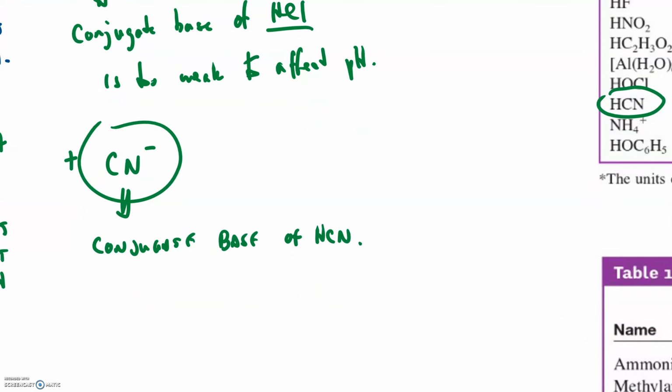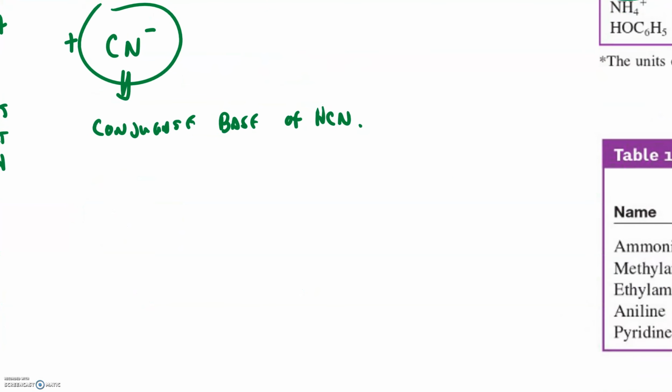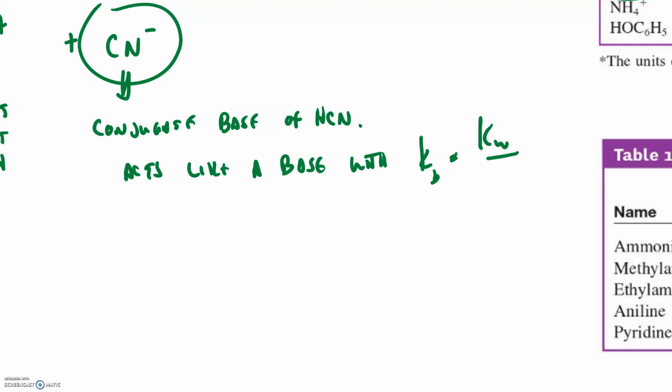So here's the deal. When we have the conjugate base of HCN, this acts like a base with a Kb that is going to be equal to Kw divided by Ka. You're saying, what? Here's what we're saying.